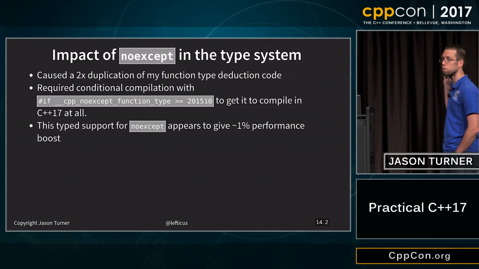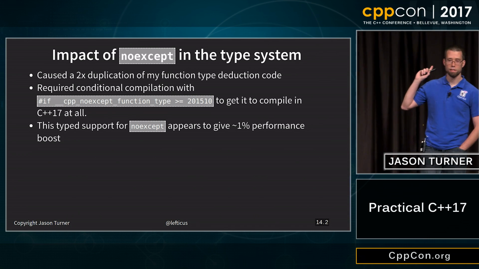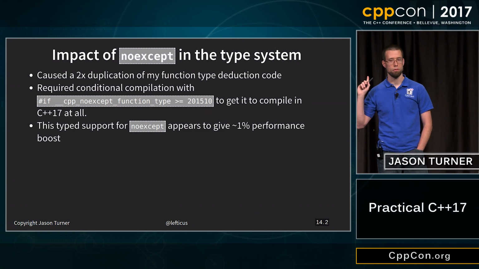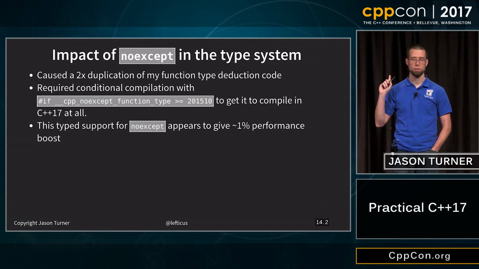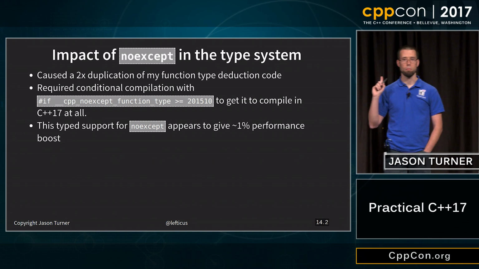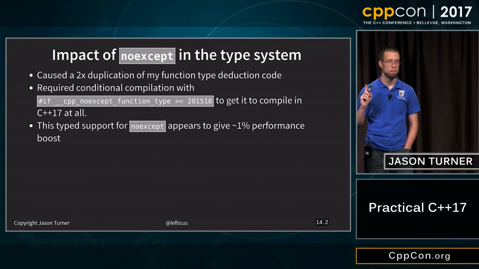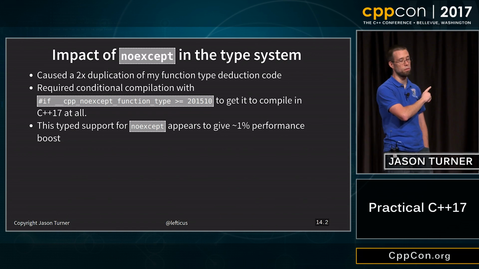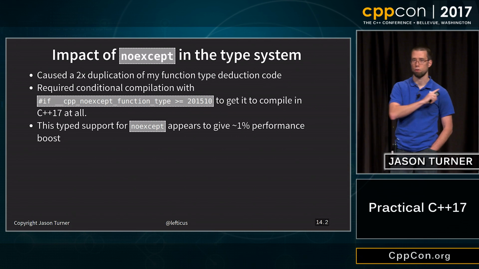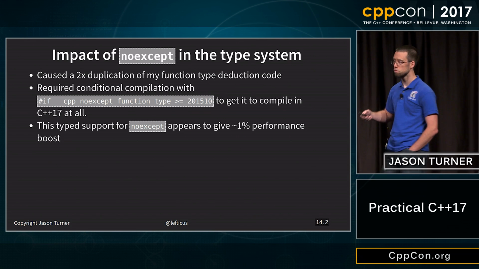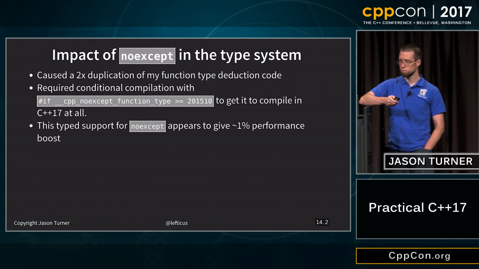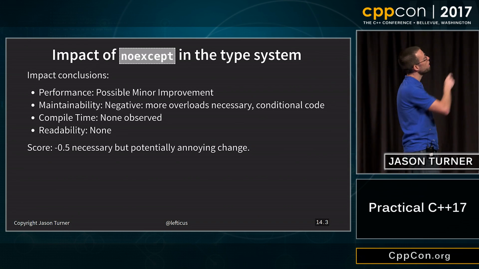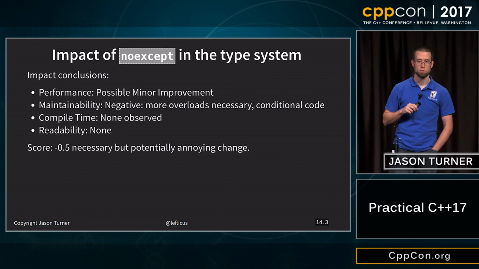But if you'll notice the last bullet, once I added these overloads, simply enabling the C++17 flag gives me a 1% performance improvement. And I believe it is because the compiler is able to do some better optimization of the code when it knows that the function it's going to invoke can't throw exceptions. I actually ranked each one of these things, and then I give a final score at the bottom.